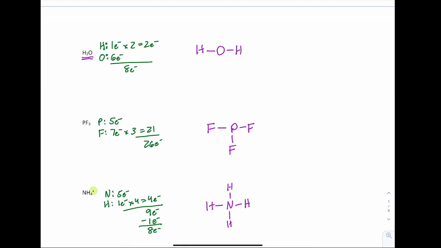PF3, fluorine right now has 2 electrons. Remember that bond is 2 electrons. I want 8. So I'm going to put 3 lone pairs. Remember, you're never going to use lines for lone pairs, and they're called lone pairs because they're always going to be groups of 2. So 2, 4, 6, and then that bond makes 8.